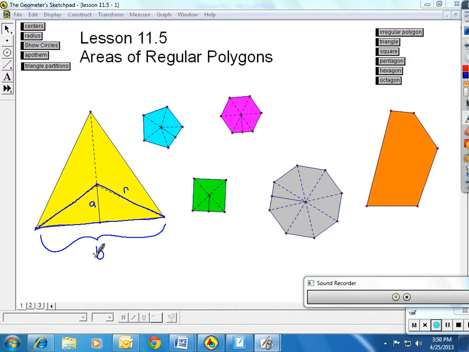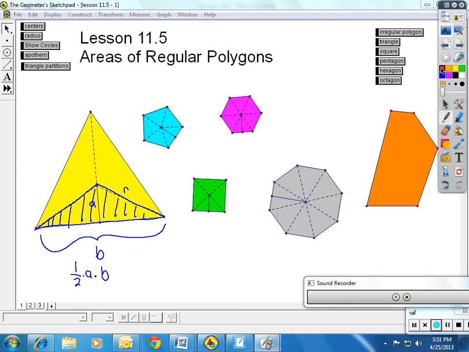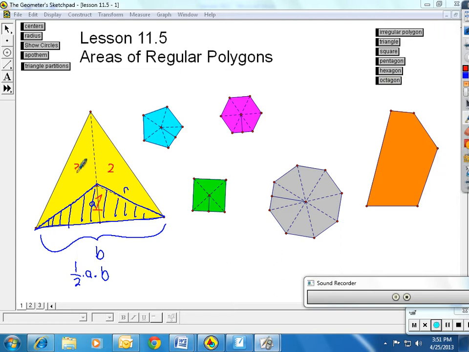So in this case, I know that the area of this triangle right here is 1/2 the apothem times the base. And then how many triangles do I have? I've got 3 triangles that create that, right? This one, and this one. So I need to multiply that by 3.